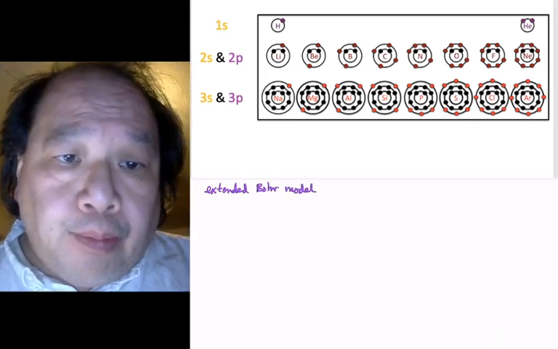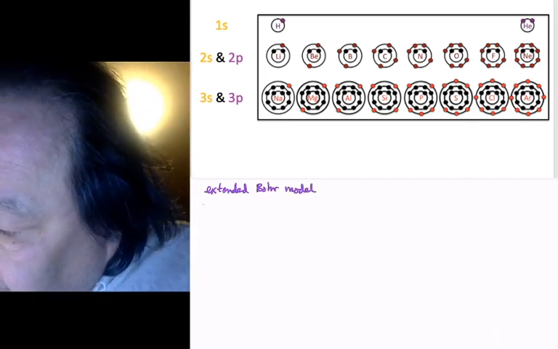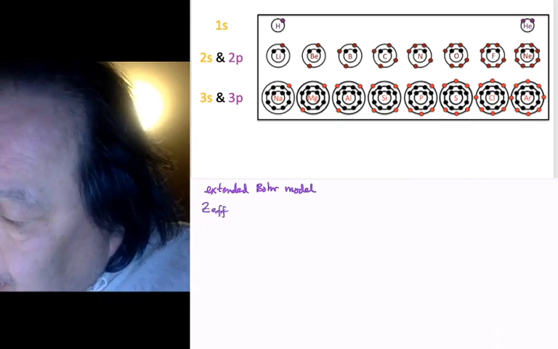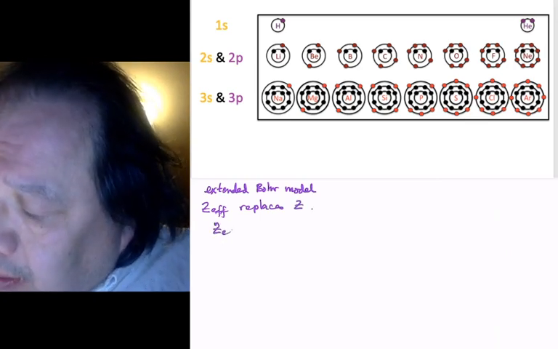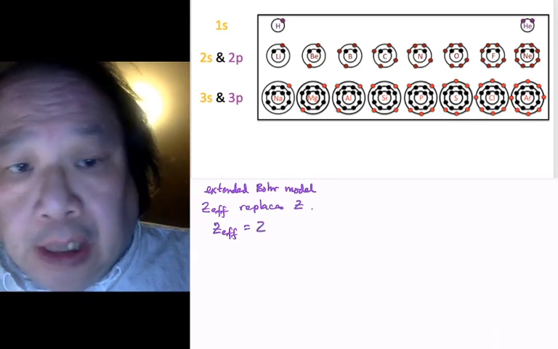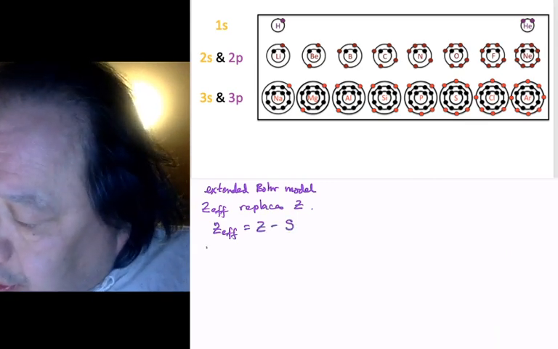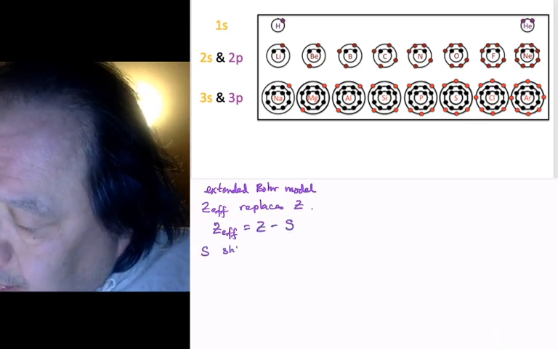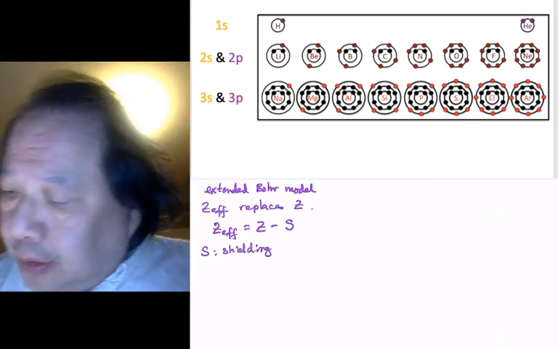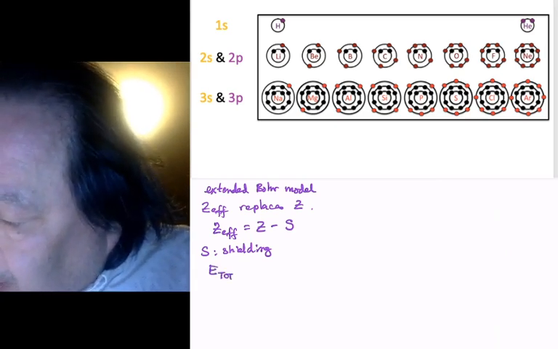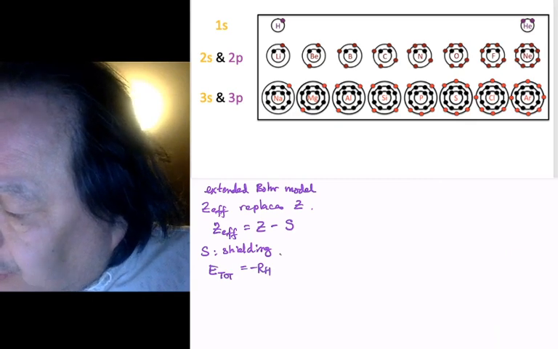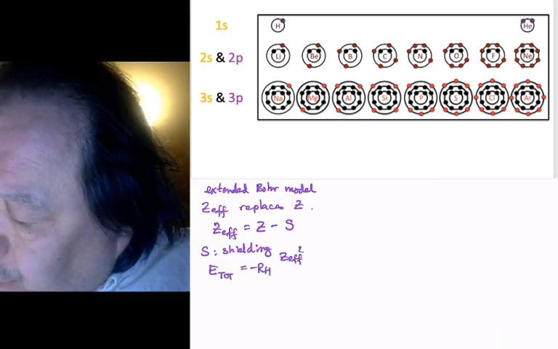In the extended Bohr model, Z effective replaces Z. Z effective equals Z minus S, where S is the shielding. And the expression for the total energy is now equal to minus RH Z effective squared over N squared.